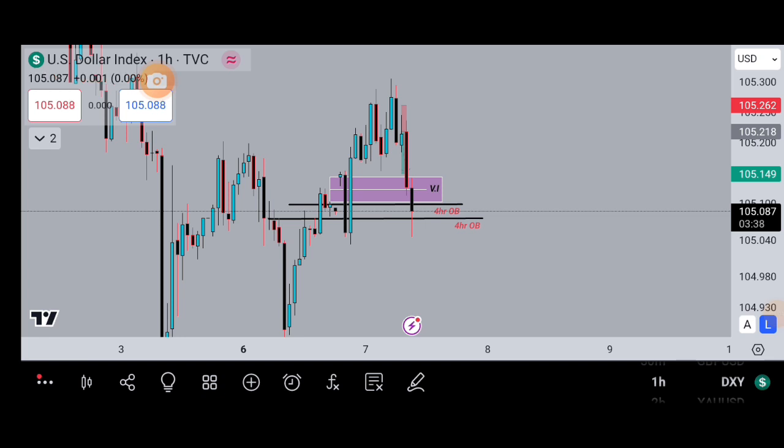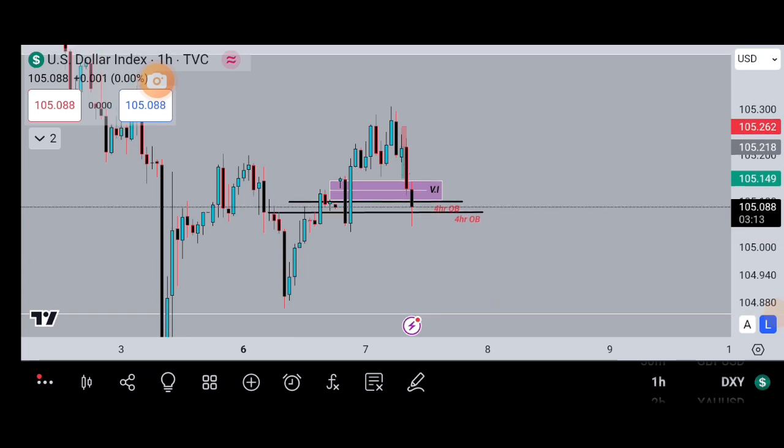So something new to learn today: I will be showing how we choose between EURUSD and GBPUSD, which pair we should trade for the day, because sometimes you find one pair is more volatile than the other. I'll be showing you in a few, but let's see what the dollar has for us.